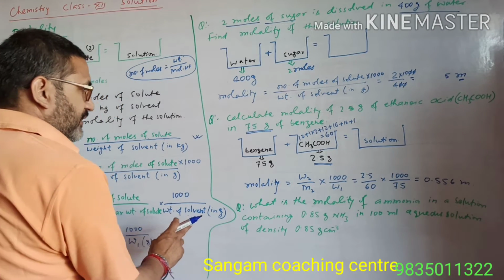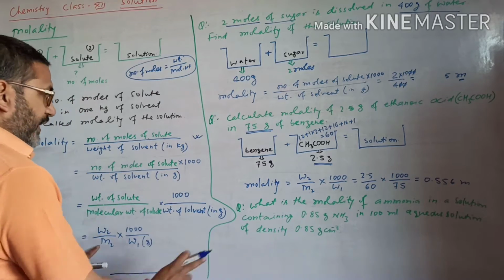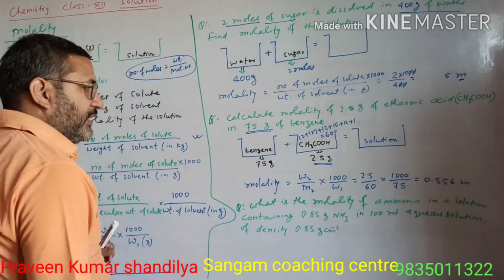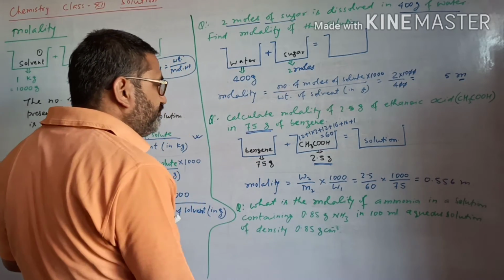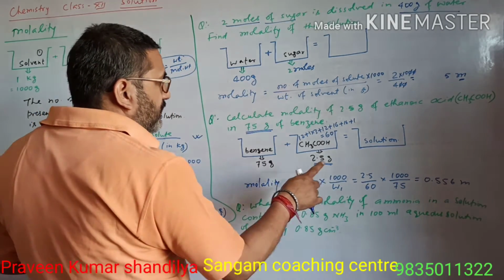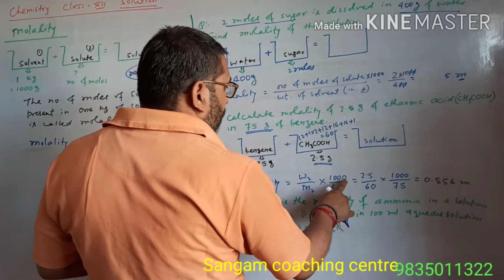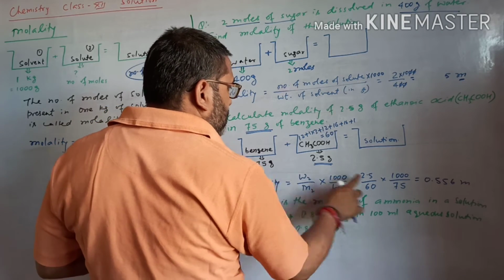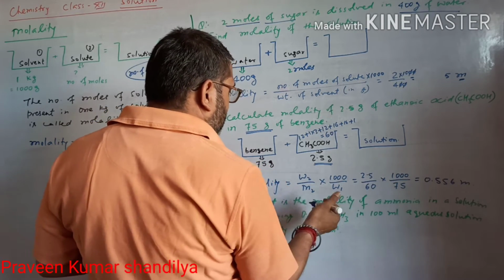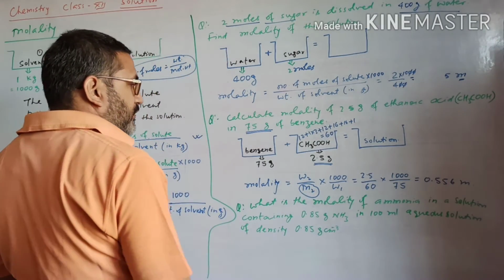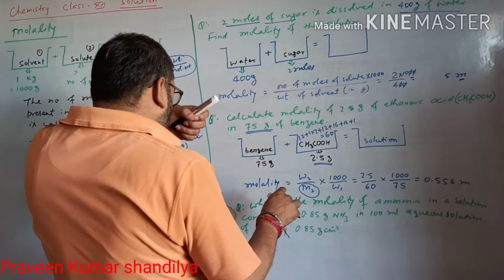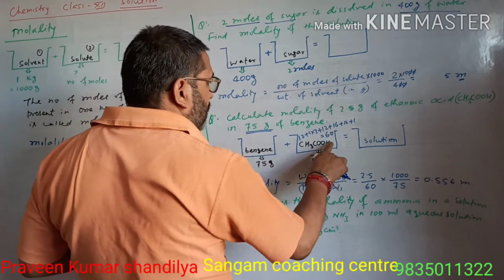We have written here W2 by M2 into 1000 by W1. W2 is 2.5 and 1000 by W1 is 75. But we have a problem. How can we write M2? We can write the molecular weight of ethanoic acid.